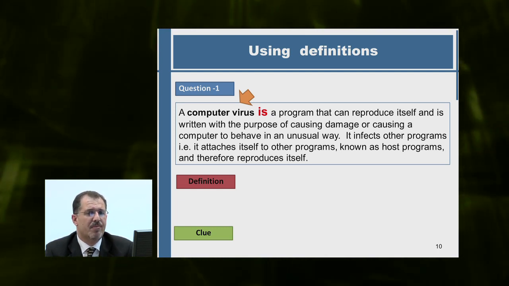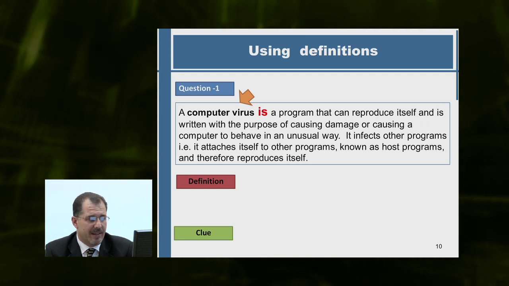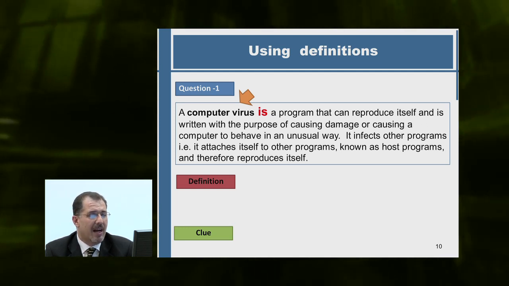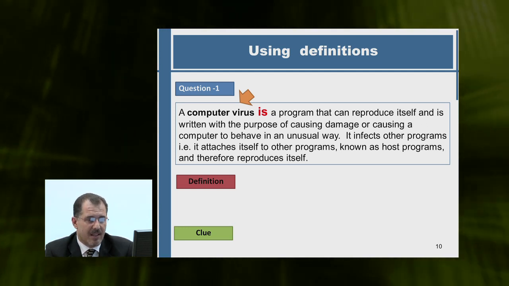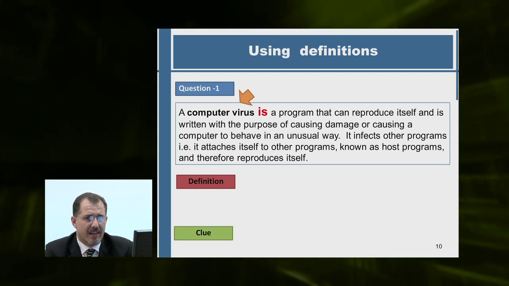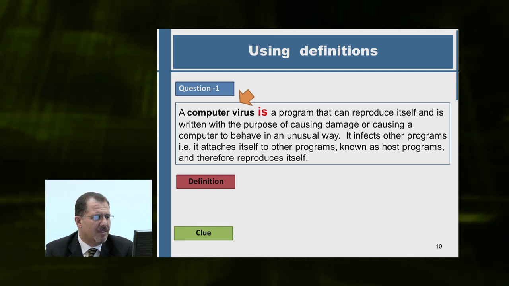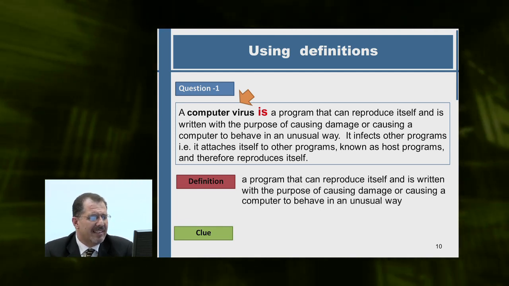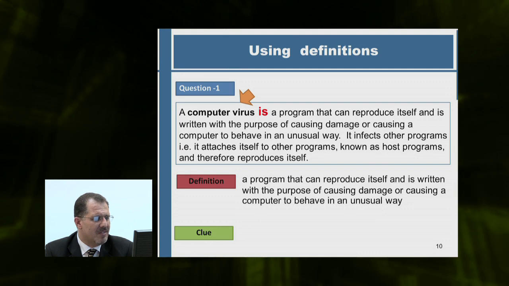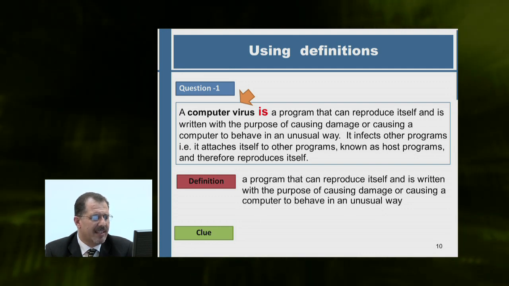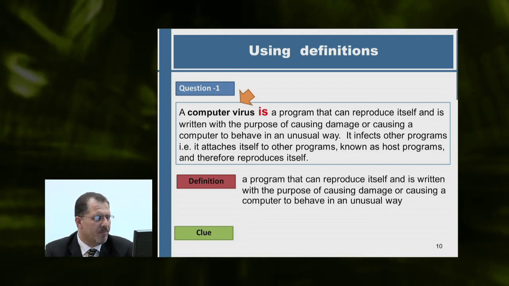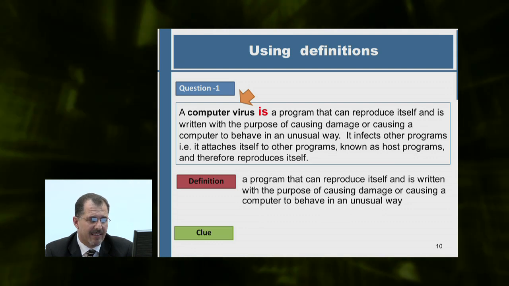Here we have the verb to be, "is." So here it's very easy to figure out the definition of computer virus. What is the definition of computer virus, or what is the meaning of computer virus? It's as follows: a program that can reproduce itself and is written with the purpose of causing damage or causing a computer to behave in an unusual way.